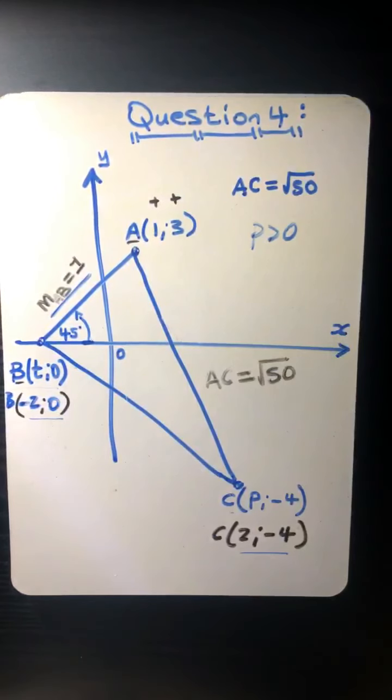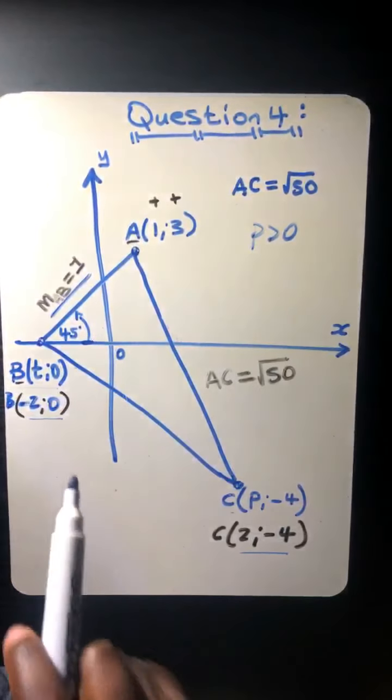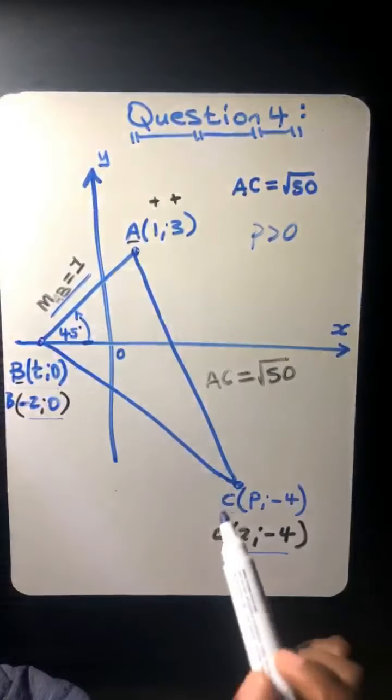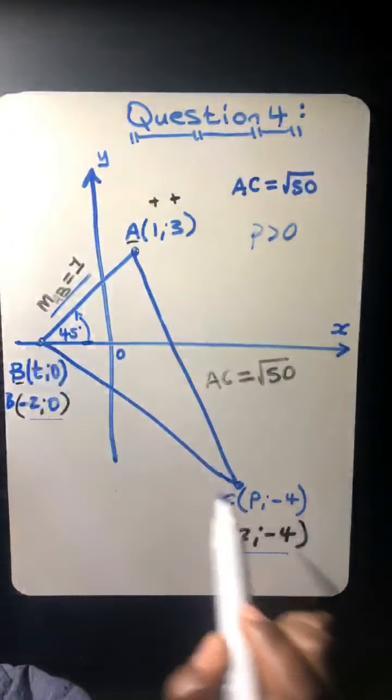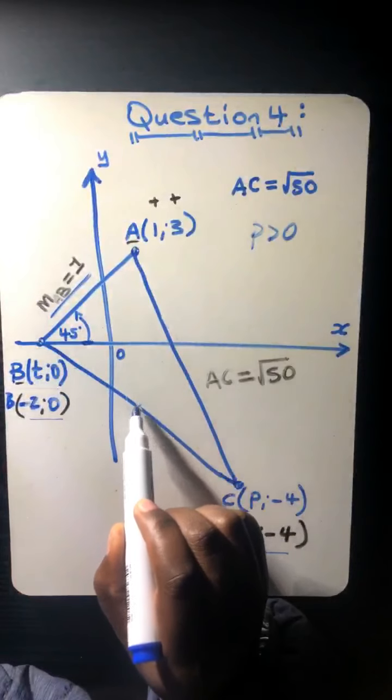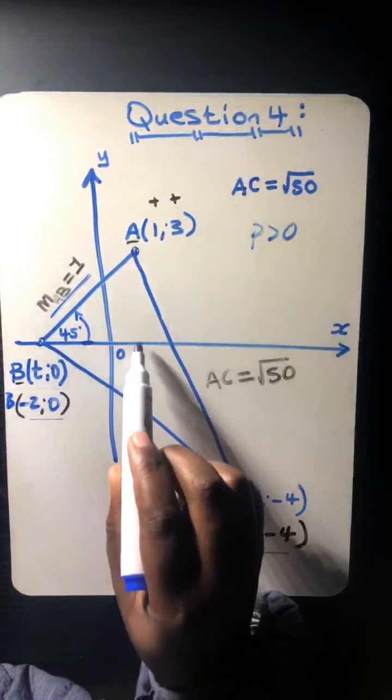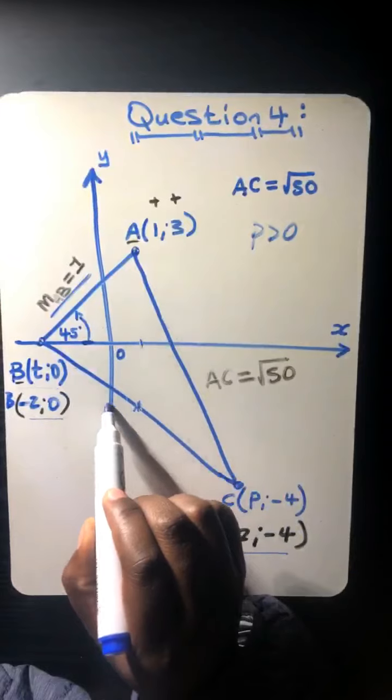Are you not suspecting that something somewhere was wrong? Yes, I'm also getting the same answer. Or you're also getting the same answer? Yes, sir. Okay, if that is the case, then we can agree that even though when you look at this diagram, it seems like the midpoint of line B and C is somewhere there where x could be 1, -2 is fine.